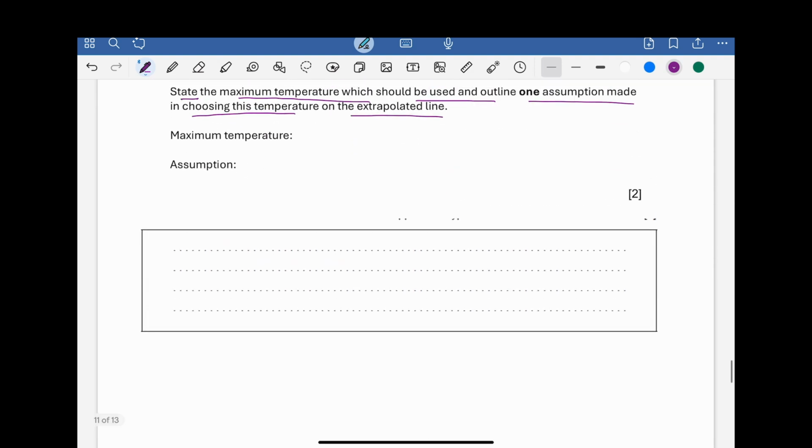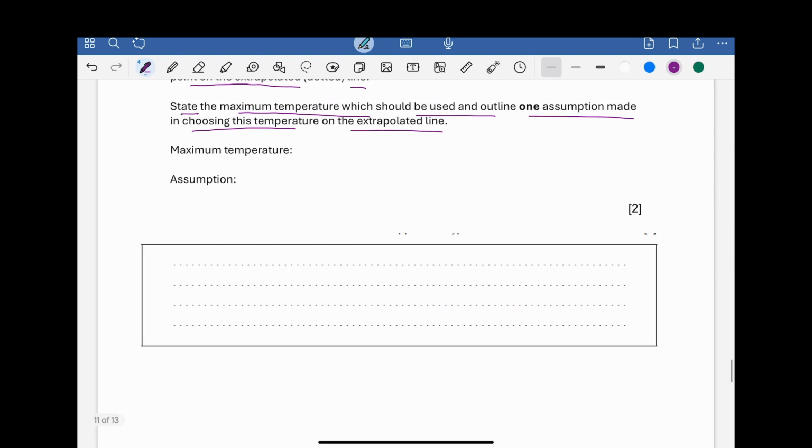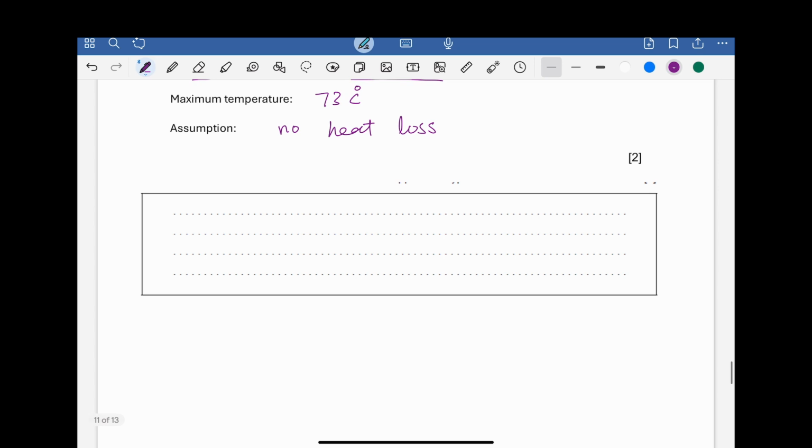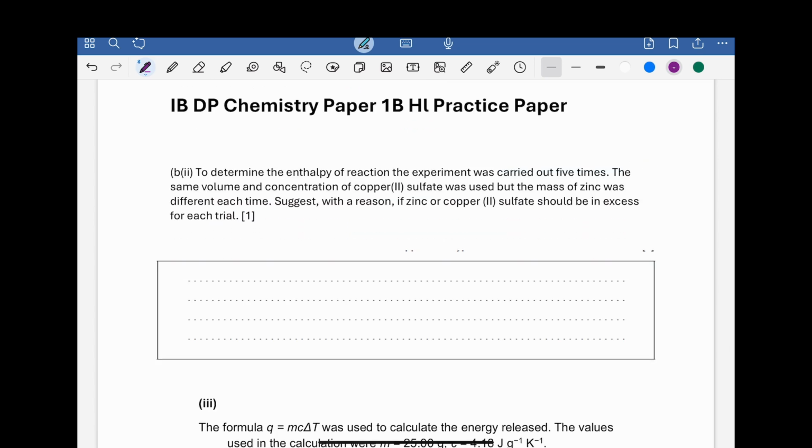So 73 is the maximum temperature from extrapolation. So 73 degrees Celsius, and the assumption we make is no heat loss.